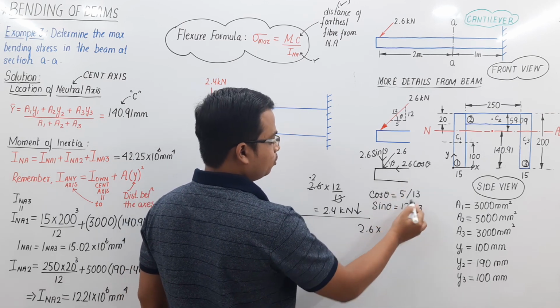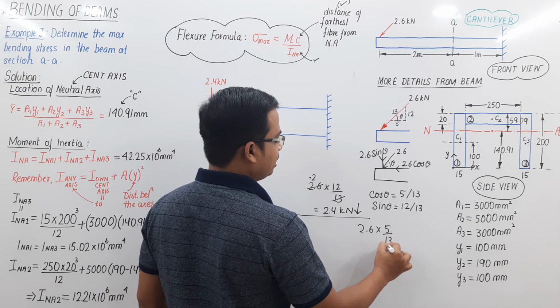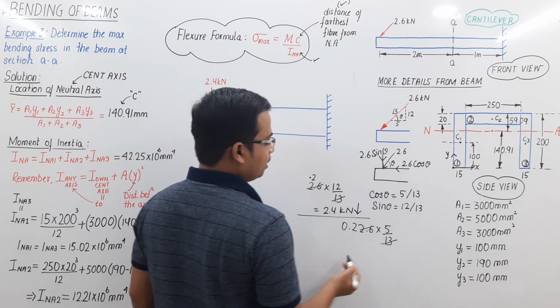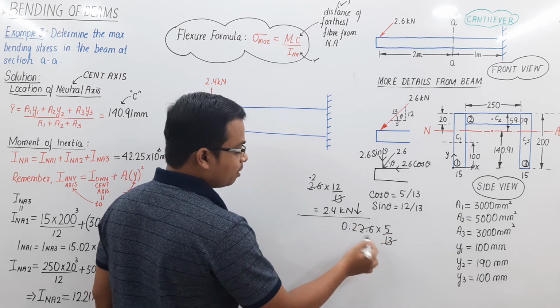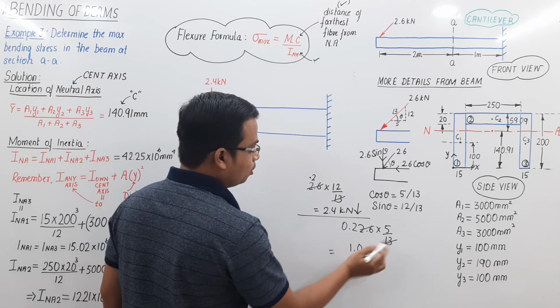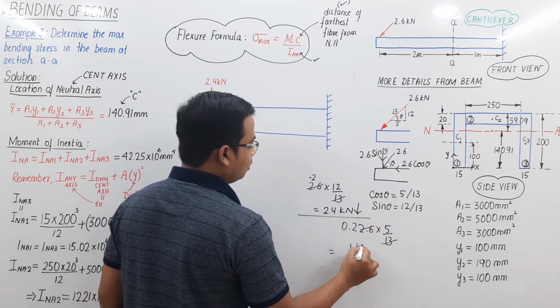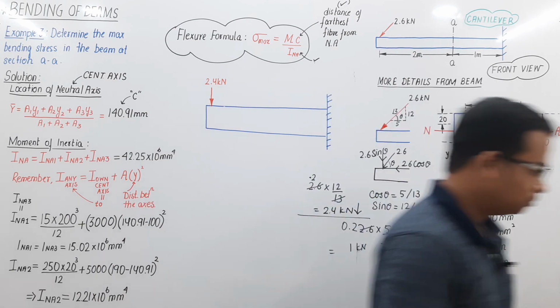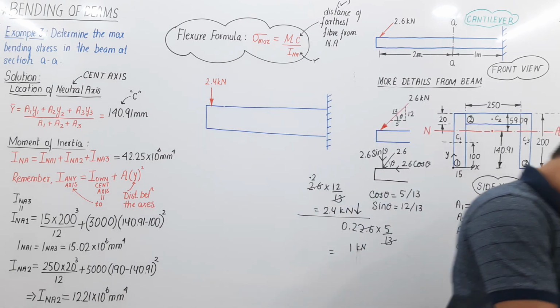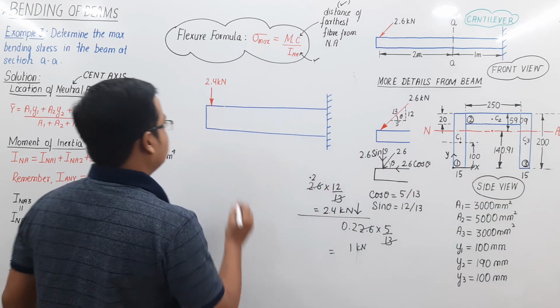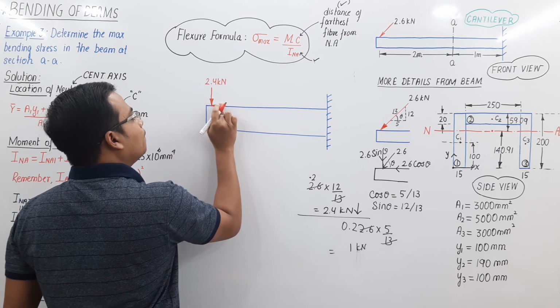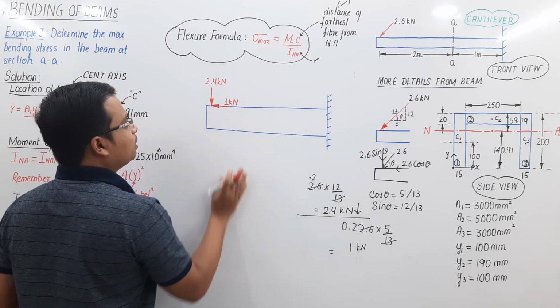Cos theta is 5 by 13. 13 times 0.2 is 2.6 and 5 times 0.2 is 1.0, or simply 1 kilonewton. So that's 1 kilonewton for you.